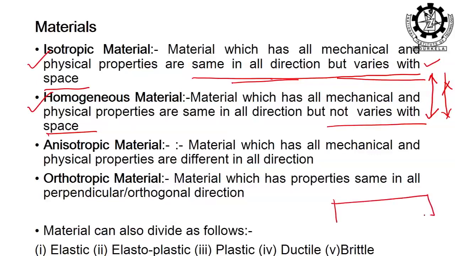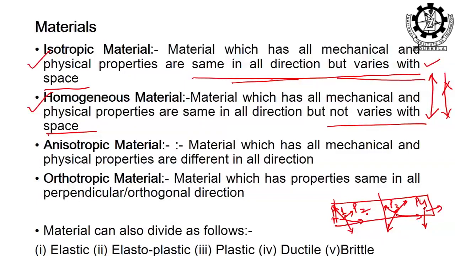Let us say I am taking a beam, and on this beam I am taking points 1, 2, 3 and 4, which I call P1, P2, P3 and P4. When I talk about all directions, I am drawing some lines, which represent different random directions.